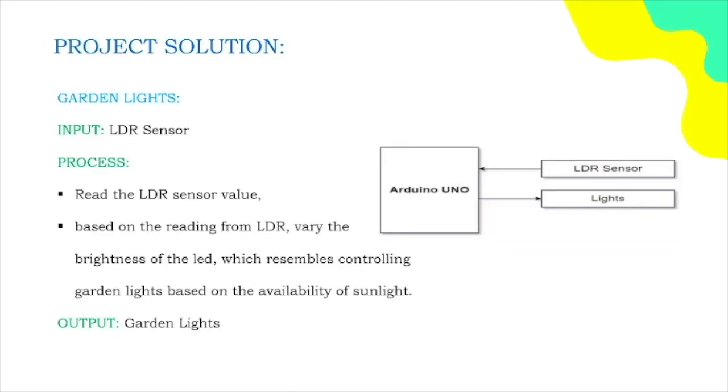After that, project solution. First one is garden light. Input is the LDR sensor. The process is to read the LDR sensor value and then, based on the reading from the LDR, vary the brightness of the LED, which resembles controlling the garden light based on the availability of sunlight. And then the output is the green garden light.